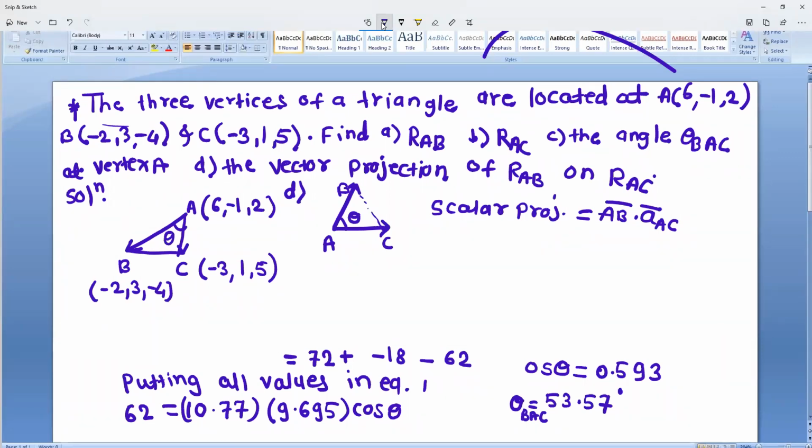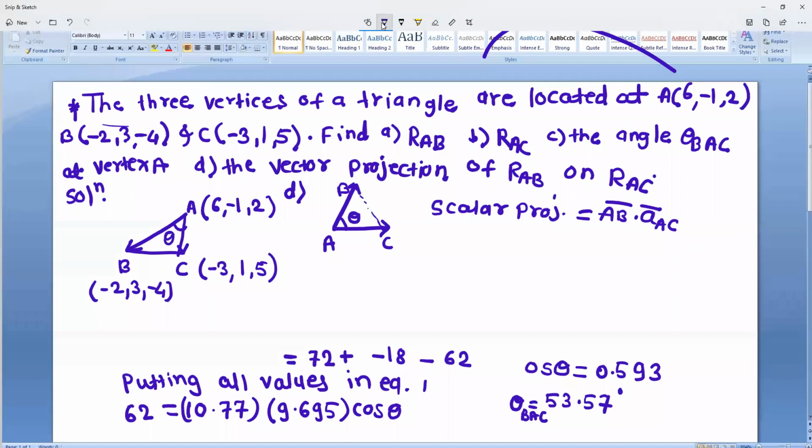Now this scalar projection is a scalar quantity because it is a dot product. The question is the vector projection of RAB on RAC, so we have to multiply by a unit vector to get a vector.